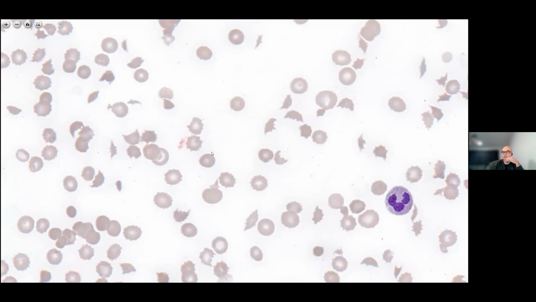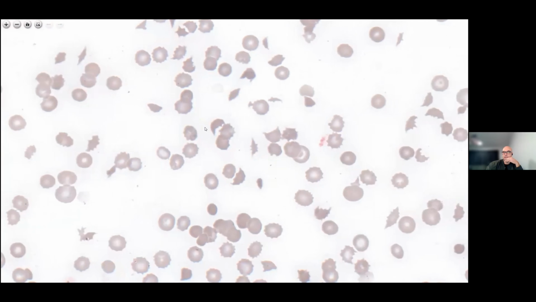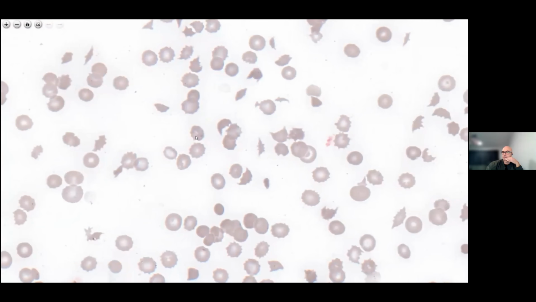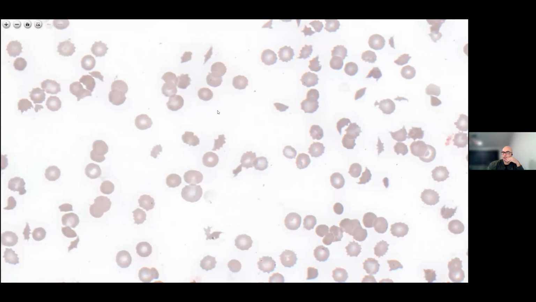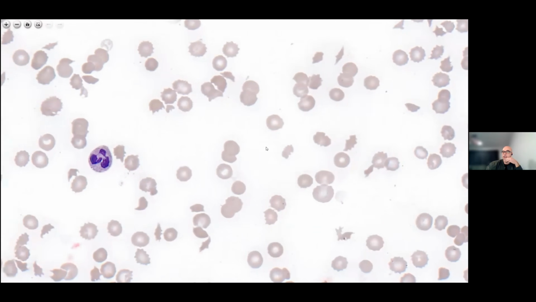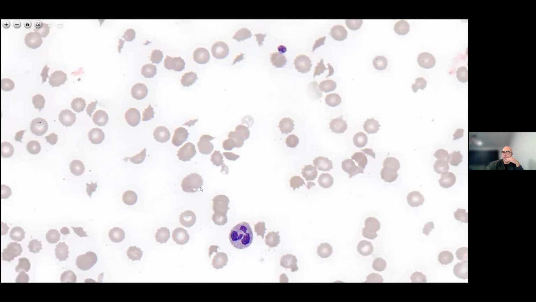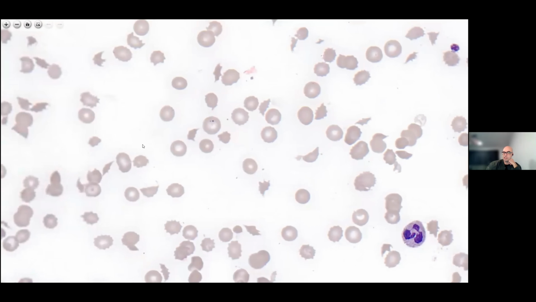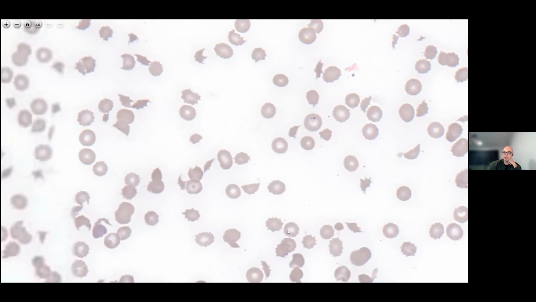Lots of crenated cells. Crenated cells can be the product of abnormal renal function, like acute kidney injury. They could be due to improper sample storage, like heating the sample, or the sample being left at room temperature too long.